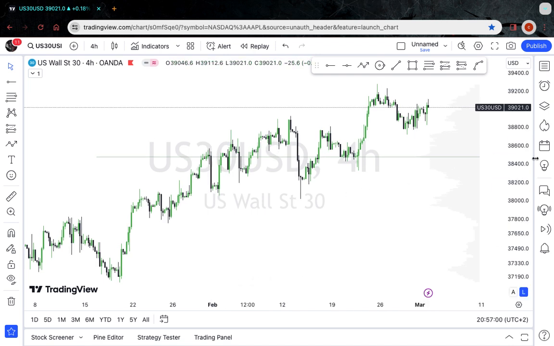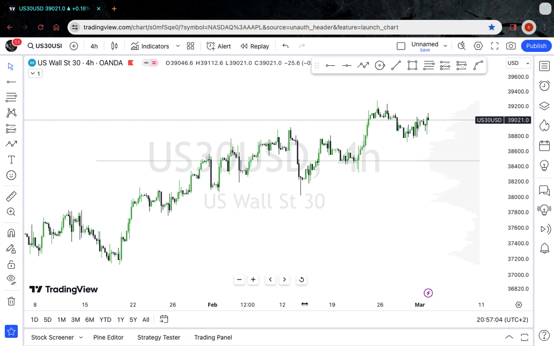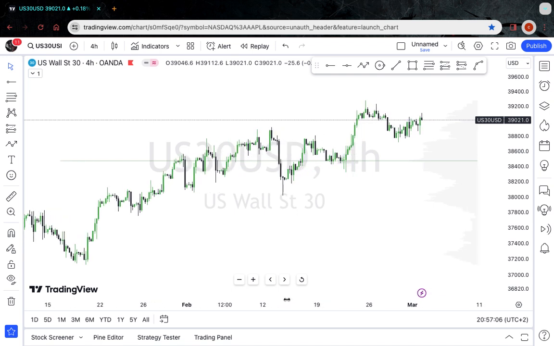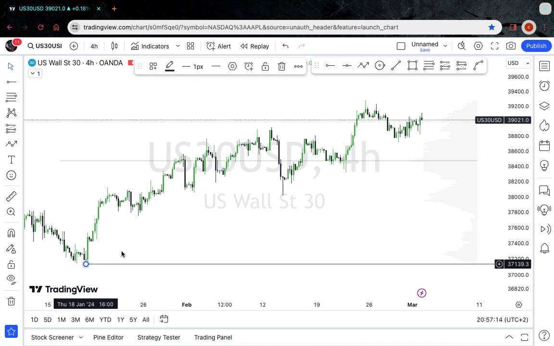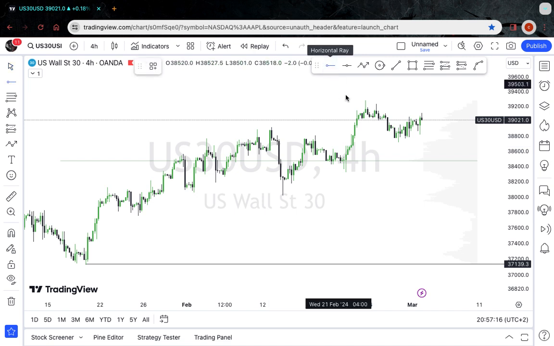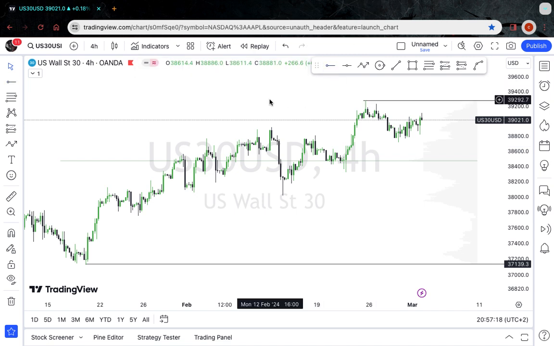As you can see here, we have USDT on an H4 time frame. We are going to be marking out our overall low, which is this one, and our overall high, which is this one.